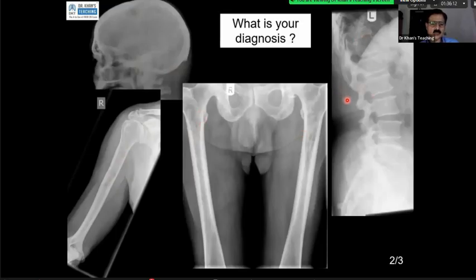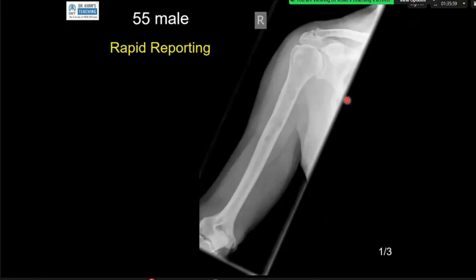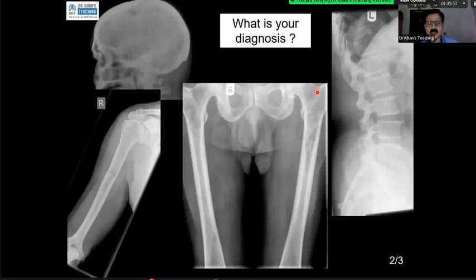What will be your diagnosis? Langerhans cell histiocytosis. What is the age of this patient? Adult. Which kind of adult? Elderly could. No, it's young, 55. Look at this. Look at these joints. Why did you say Langerhans cell histiocytosis?